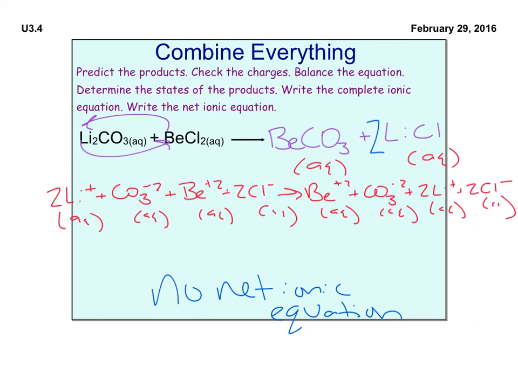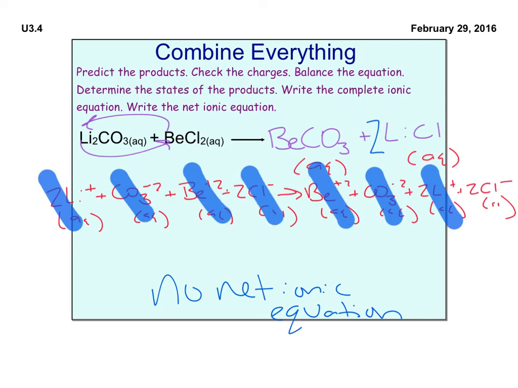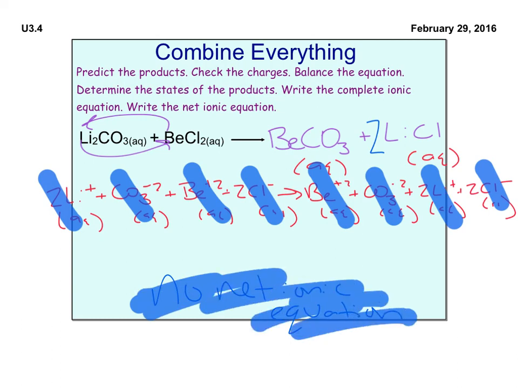So what's unique is everything will indeed cross out. So since it crosses out, there is no net ionic equation. So if there's no net ionic equation, no chemical reaction actually occurred. So essentially, I just mixed a bunch of ions together that stay split apart and nothing ended up happening to them.